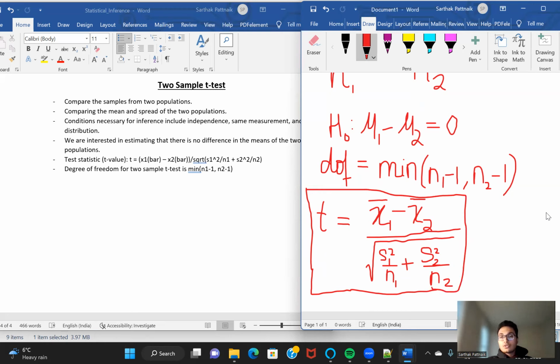So this is the general theoretical knowledge that you must have, and all that you need, if you have to go ahead and solve any problems on two-sample t-tests. In the next session, we'll be looking at some problems on two-sample t-test. As you might have seen, we have moved from z-test to t-test and now two-sample t-test.